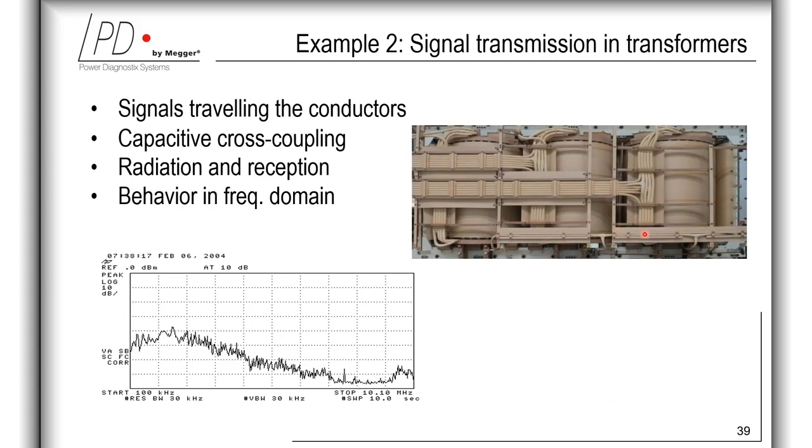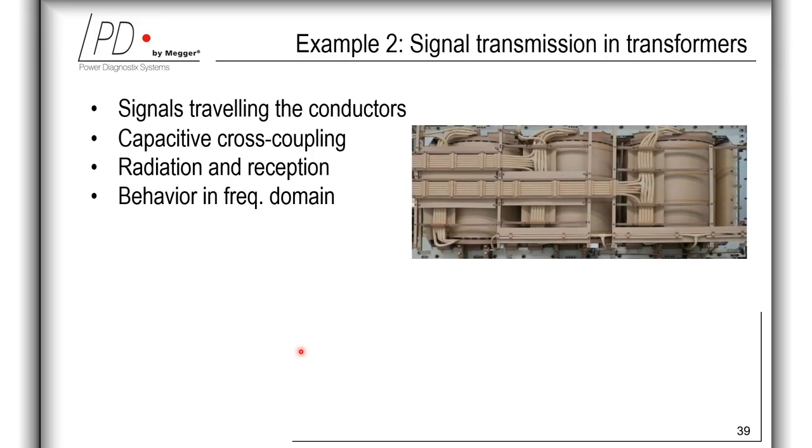And these unshielded leads then act as an antenna for both radiation and reception of the high frequency partial discharge signals. This figure is basically showing the tap leads of an untanked auto transformer. Here, the tap leads travel on the low voltage side from each coil to the tap changer. And the screenshot here is showing the frequency spectrum of an acquired signal.